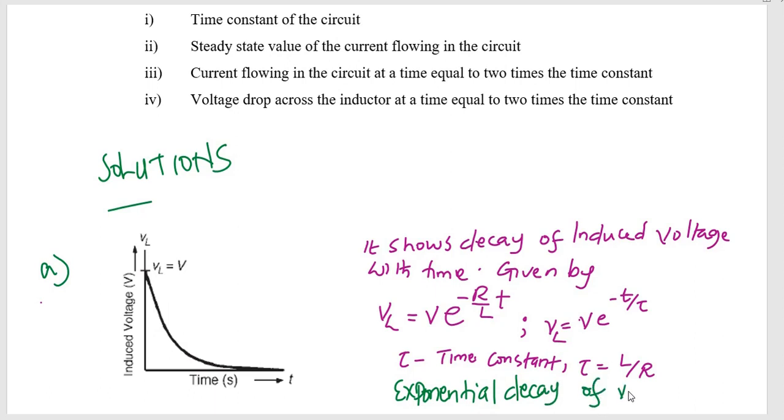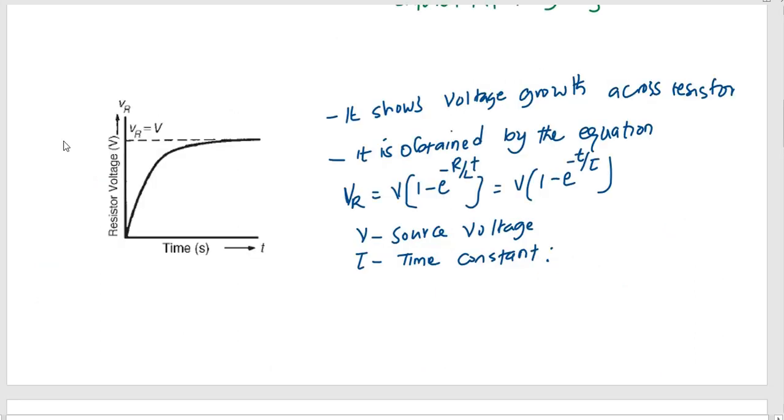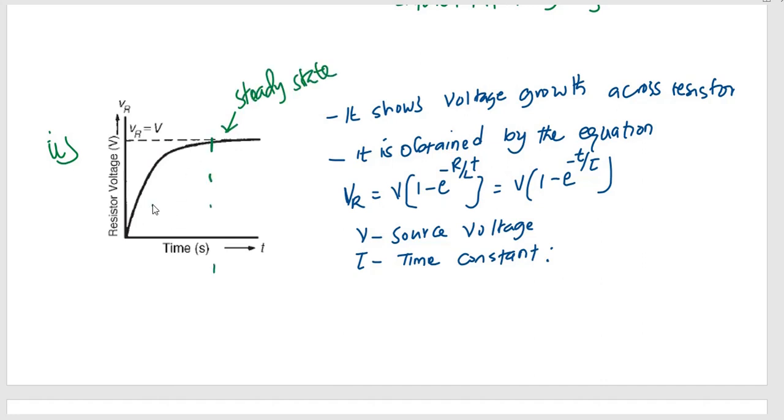So we see that this graph shows exponential decay of voltage. Part 2, let us look at resistor voltage. When we plot values of resistor voltage against time, we get a curve which undergoes a transient up to a value of VR equal to V when it attains steady state. This is steady state, and this part represents the transient period, the period that takes place after the closure of the switch.